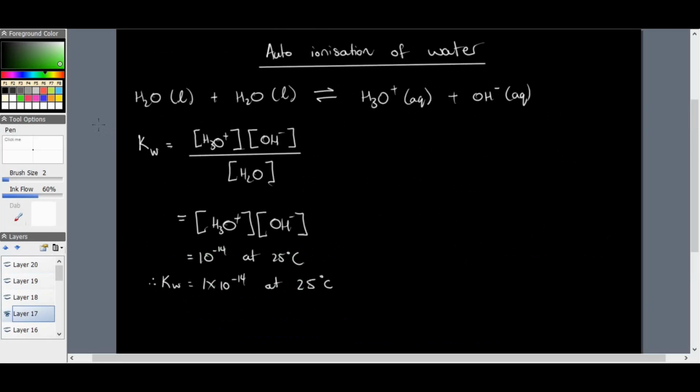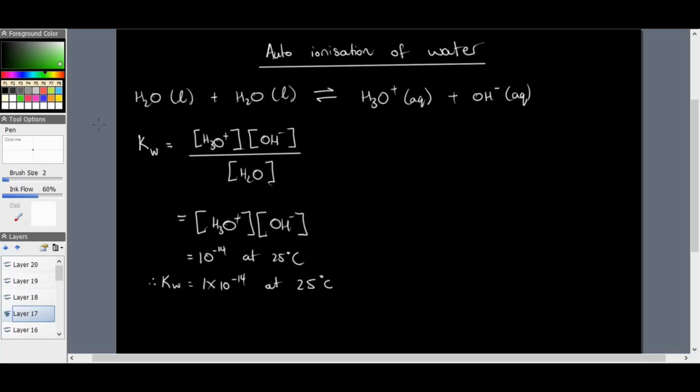The auto-ionization of water, basically what this is saying is that pure water ionizes to a small degree. The H2O molecules that are in contact with each other undergo a process called auto-ionization. Now we all know from the beginning of the section that water is amphiprotic, meaning it can act as an acid or base.